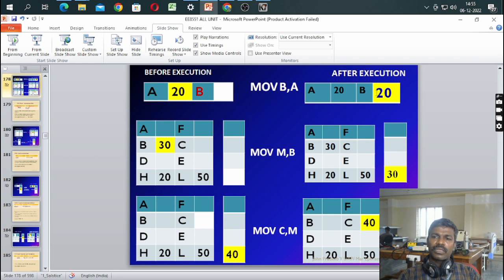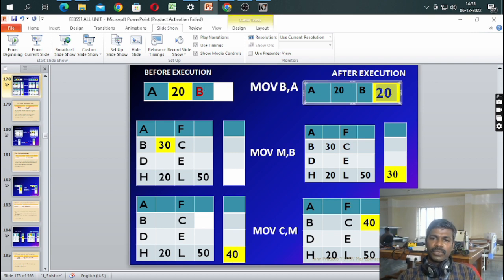After execution, the A content is moved to the B register. Similarly, MOV M, B: the B register has 30 as data, and M is the memory, with 2050 as the memory address. The B content is moved to the corresponding memory address 2050. Similarly, the third one also.